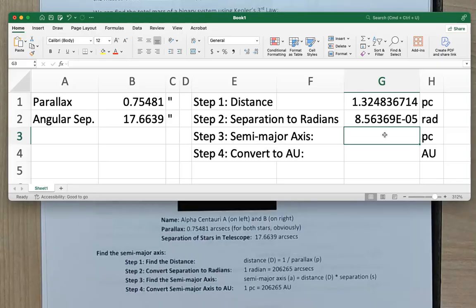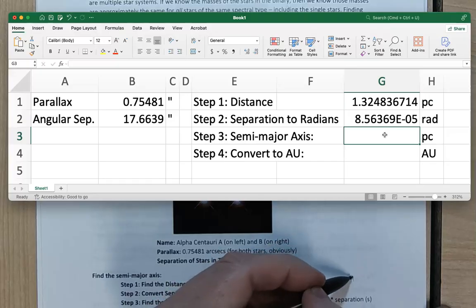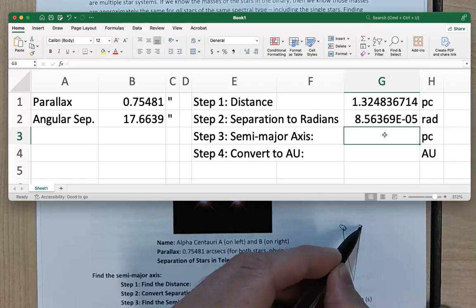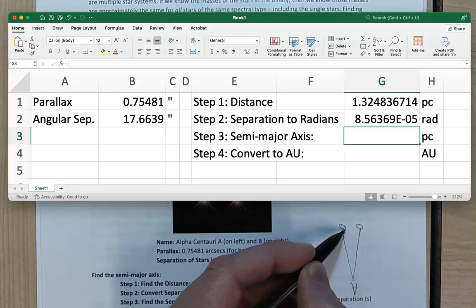Okay, then step 3 is, if we know the angle between, I'm going to draw this here for a second, right? If you know the angle between these two stars, you got star A, you got star B. Here we are on Earth, so let's say there's your eyeball, looking at these two stars.